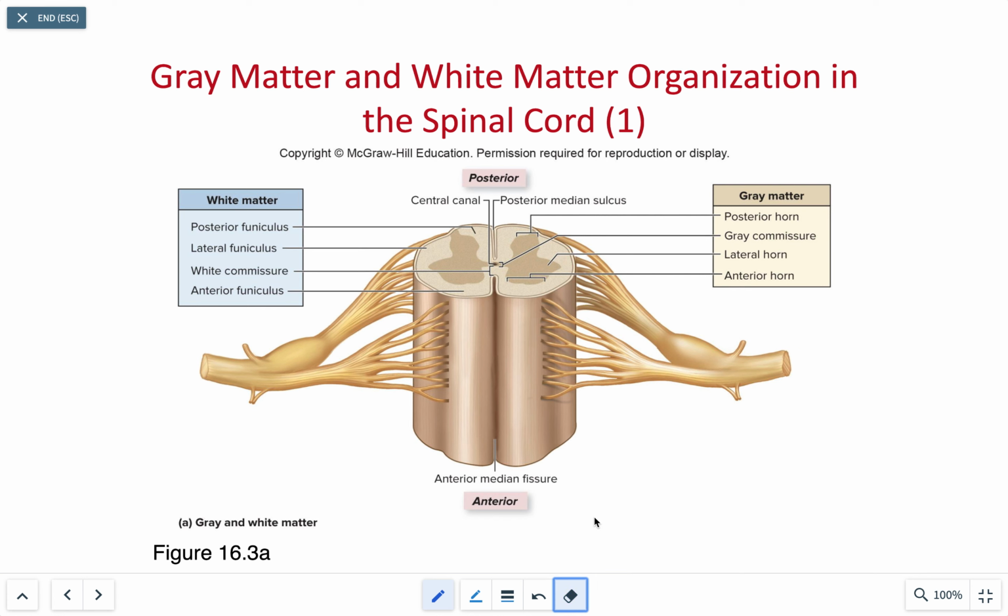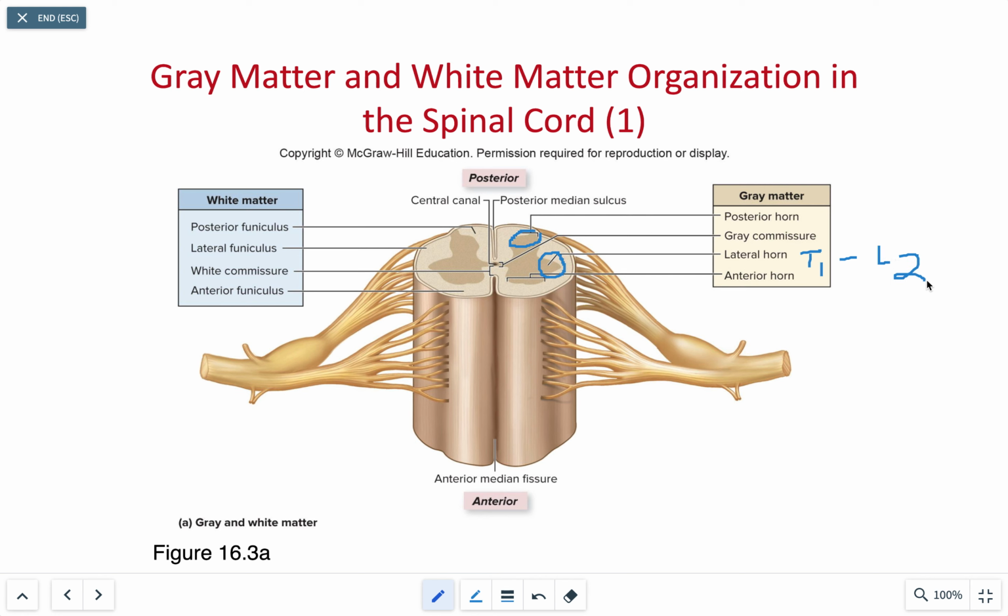When we look at the different types of horns, we're going to see that there are regions. Whenever we start looking at the posterior horns, particularly this posterior horn, it's going to contain the somatic and visceral sensory. When we look at the lateral horns here, these are usually only located, again just to reflect, from T1 to L2.